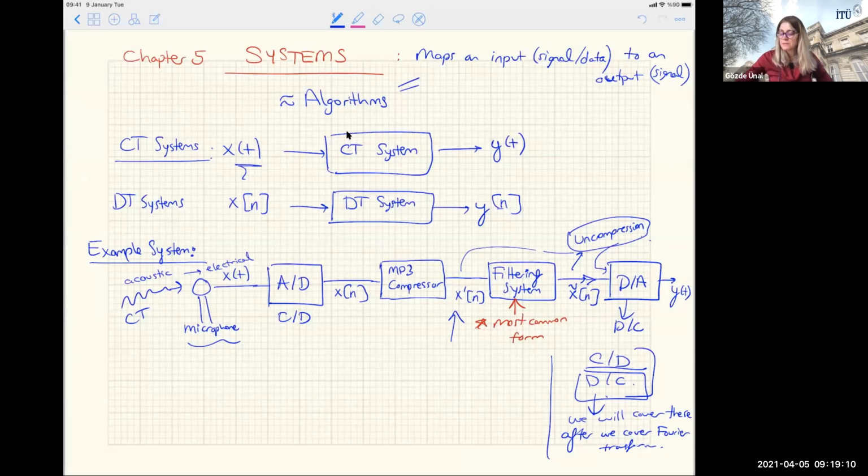This would be like your speakers, right? And you play the music here, for instance. So continuous time, but with discrete time processing in the middle, or you can already start with a discrete time signal, some discrete data, and start working on it.